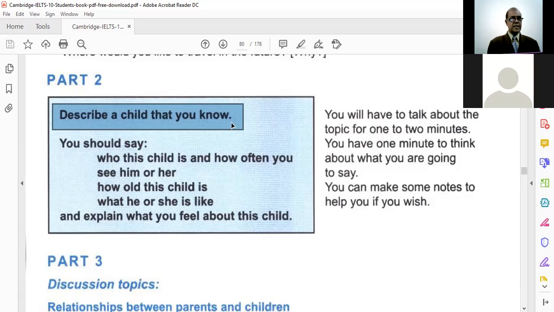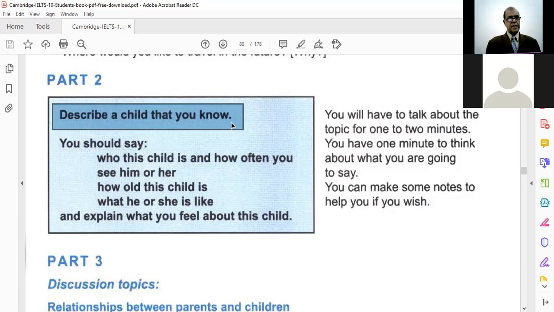Remember not to talk about your relatives, like your own son or daughter, but a child outside the family who has some particular features that are eye-catching.